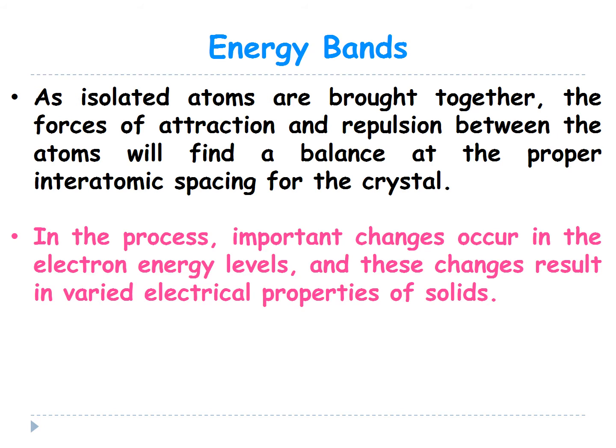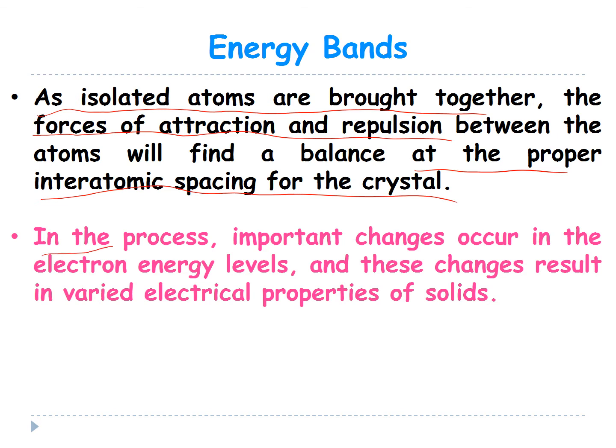Now, as isolated atoms are brought together, the forces of attraction and repulsion between the atoms will find a balance at the proper interatomic spacing for the crystal. In this process, important changes occur in the electron energy levels, and these changes result in varied electrical properties of solids. Each element is different from the other, and some elements have more electrons in the outer shell, some have fewer.